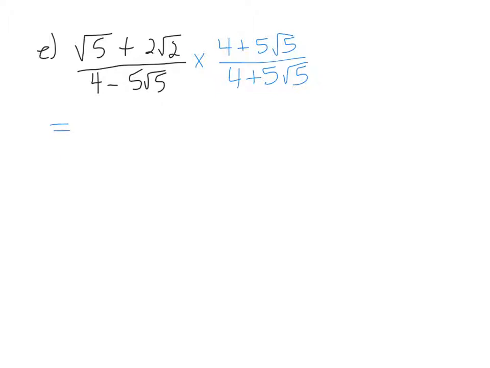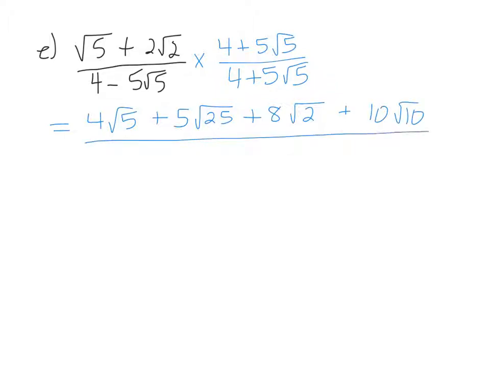We'll get 4 root 5 plus 5 root 25. I'll write it out like that. And then we're going to do 2 root 2 by both of those, so that becomes 8 root 2 plus 10 root 10. That's a lot of terms in the numerator.